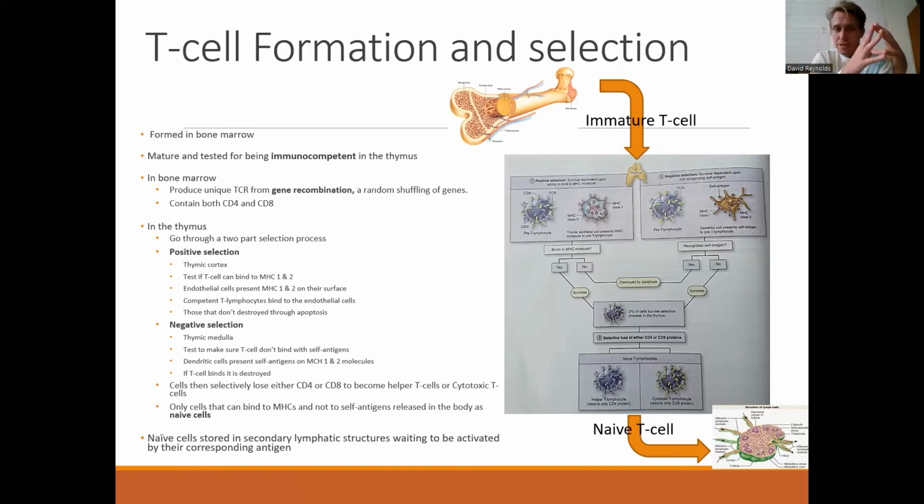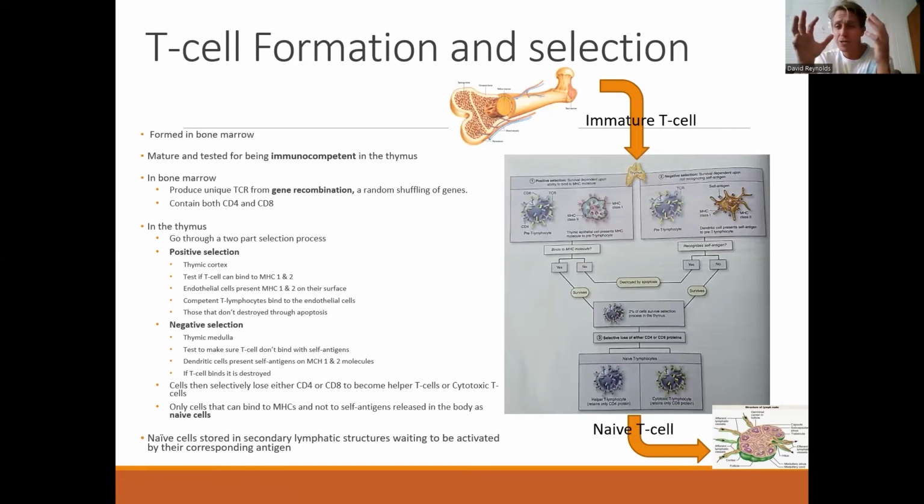Those cells make MHC1 and MHC2 proteins. All right. So when that happens, what is going to happen with the T cell that comes through there? It's going to make sure that that CD4 and CD8 can bind to those MHC proteins that are in those epithelial cells. So once they bind, they're considered competent for MHC.